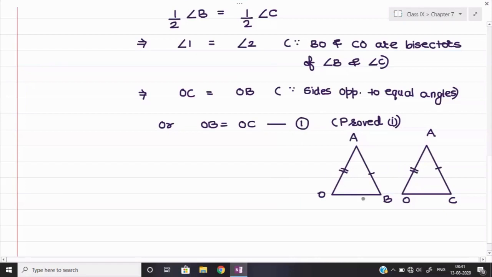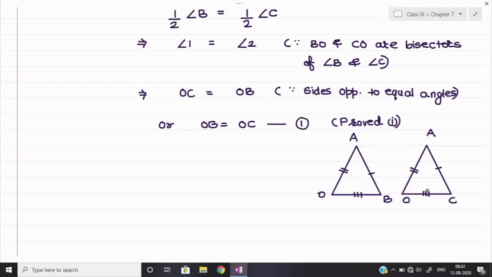And look at equation number 1. Just now we have proved OB and OC are equal. Right? So observe, all three corresponding pairs of sides are equal in these two triangles, and we can say that by the side-side-side congruence theorem, these two triangles will be congruent.